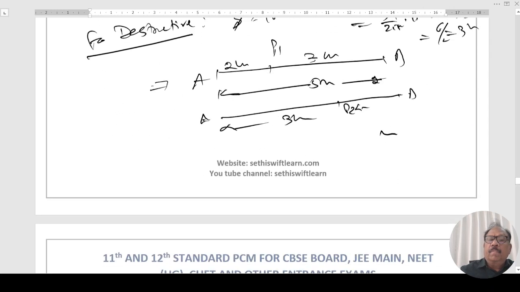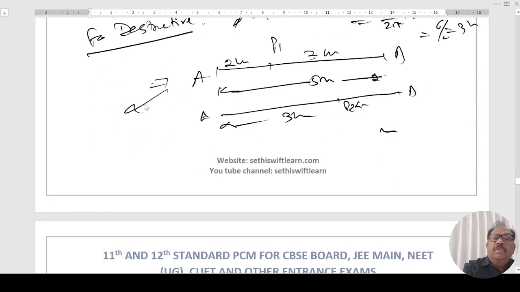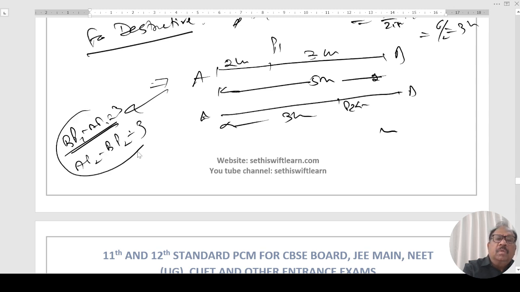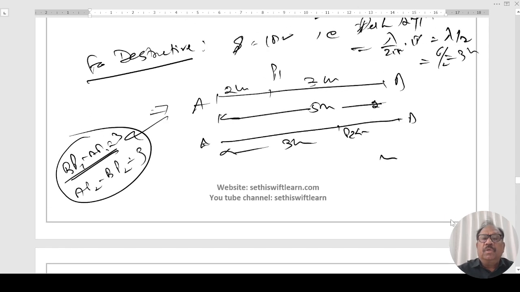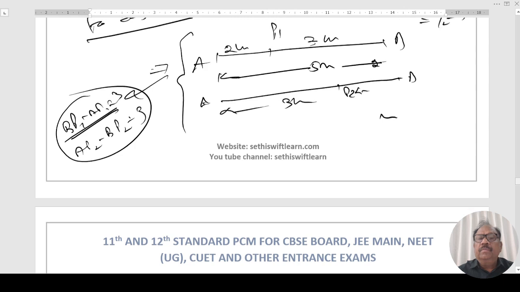In this case, path difference is BP1 minus AP1 equal to 3 meter. In this case, AP2 minus BP2 equal to 3 meter. That is the condition of constructive interference. Right? There are two cases. Right? Next question.